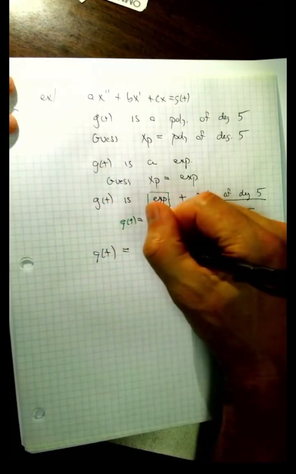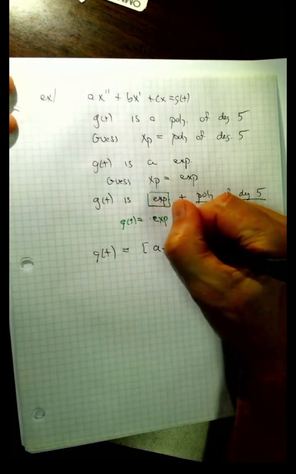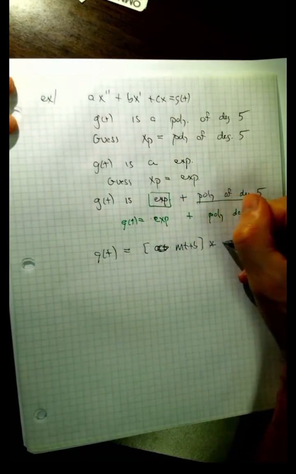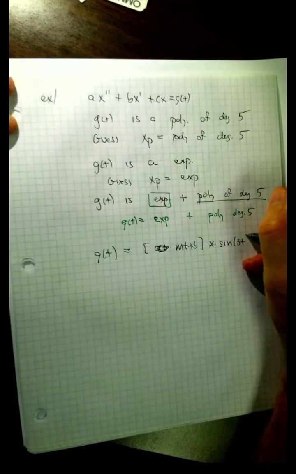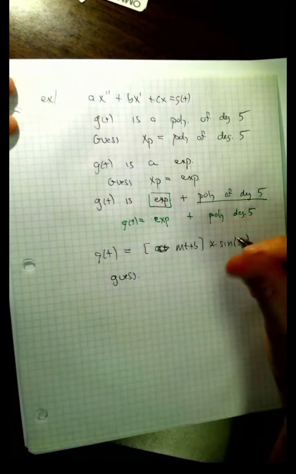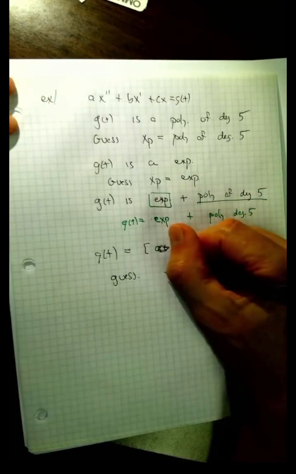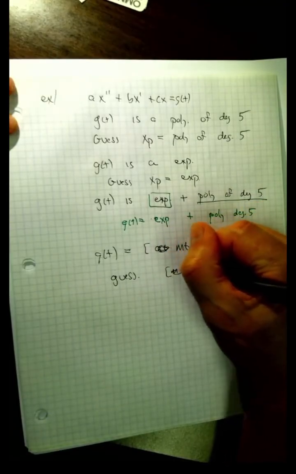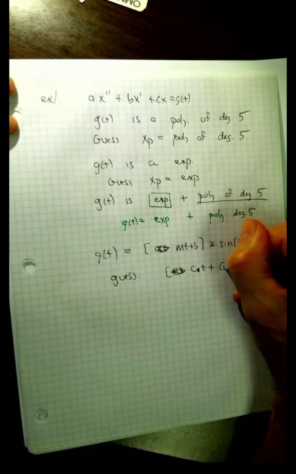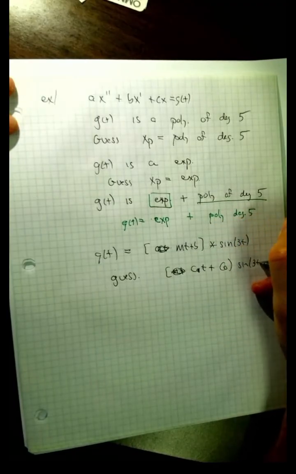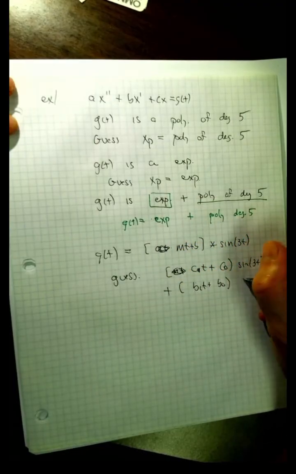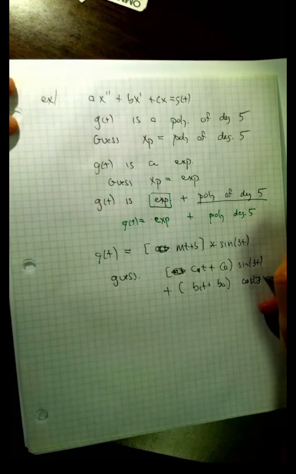If g of t looks something like, let's call it m t plus b times sine of 3t, you're going to guess something that's going to look like c1 t plus c0 times sine of 3t plus b1 t plus b0 times cosine 3t.